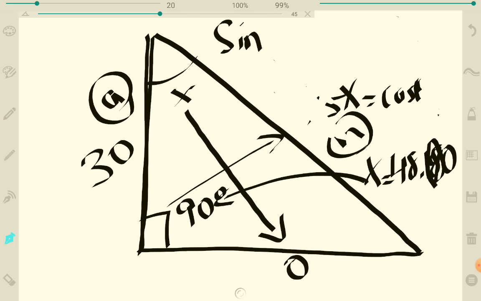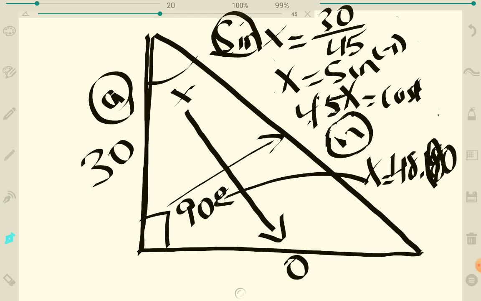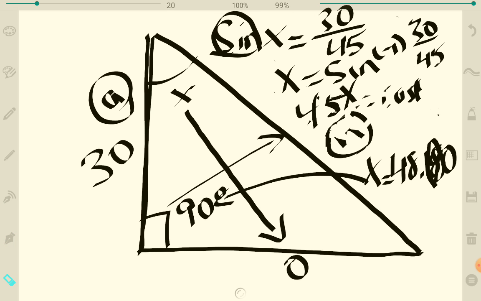So we get sine x equals 30 over 45 from what we had over here. We do the same thing we did for cos. X equals sine inverse, divide both sides by sine, 30 over 45.